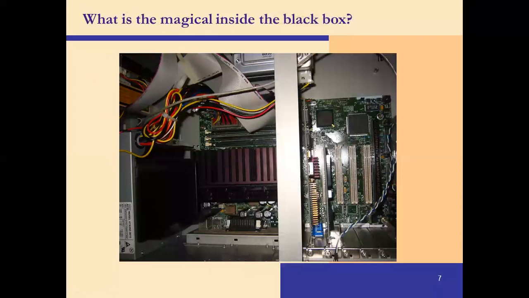Inside this black box, there are chips connected to one another so that the computer can perform different operations. First is the storage unit, that is the hard drive. The storage unit is where you can store your data, either in raw form or processed form. It stores your data and saves it. It is also called ROM.